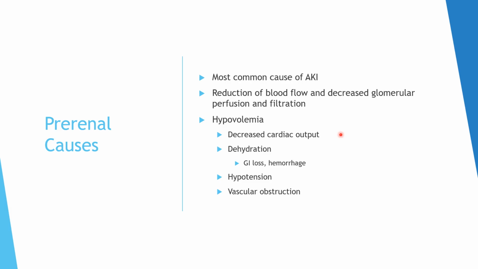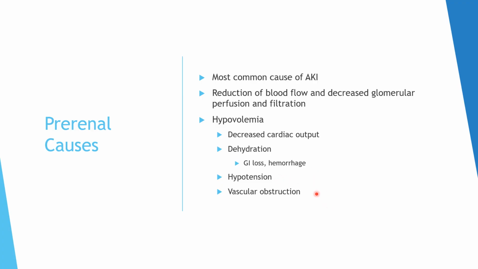We can see acute kidney injuries, especially after an MI or some sort of episode where we have significantly decreased cardiac output. Dehydration, especially from GI loss, so our nausea, vomiting, diarrhea. These patients are hypovolemic because of dehydration, or hemorrhage, of course. Hypotension, and then some sort of vascular obstruction.